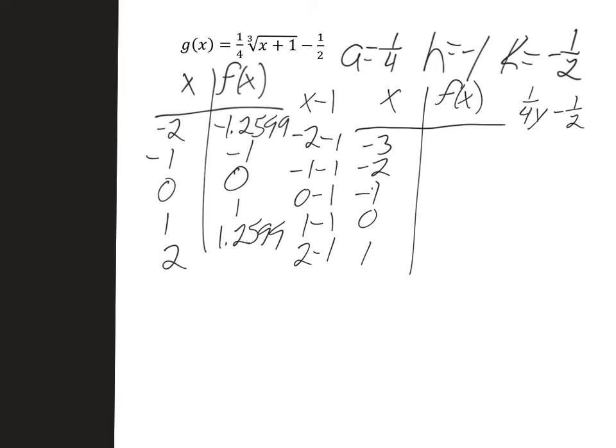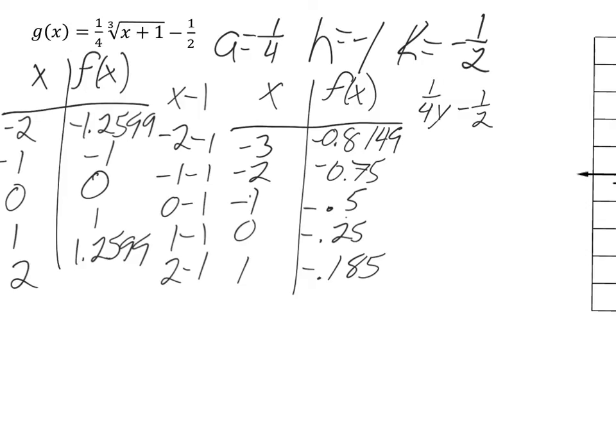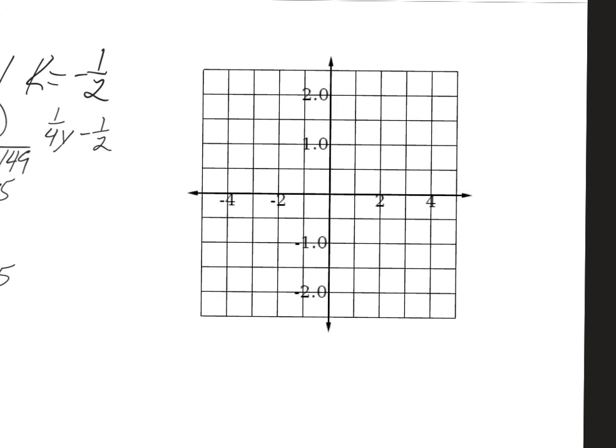I went ahead and just looked at Desmos to see what it would actually give me, so that is -0.8149, -0.75, -0.5, -0.25, and -0.185.